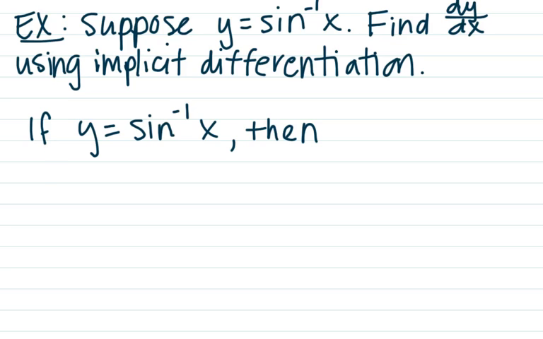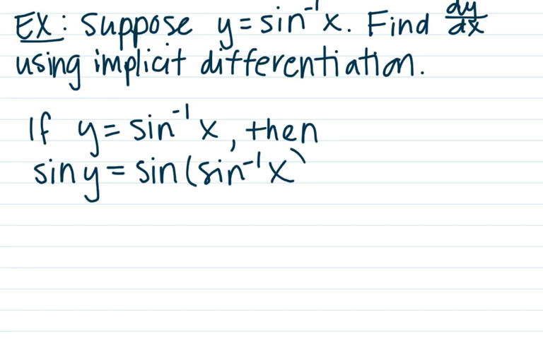So we would get sine of y equals, and if you take sine of an inverse of that same function, these two things undo each other, and it just leaves us with an x.